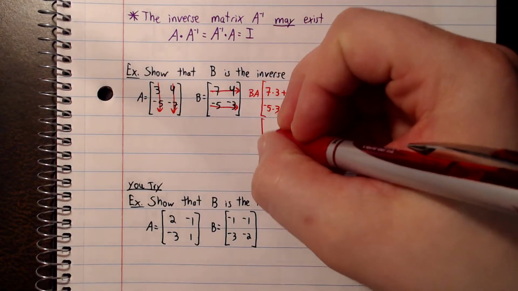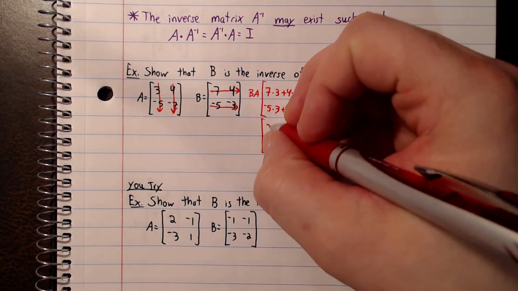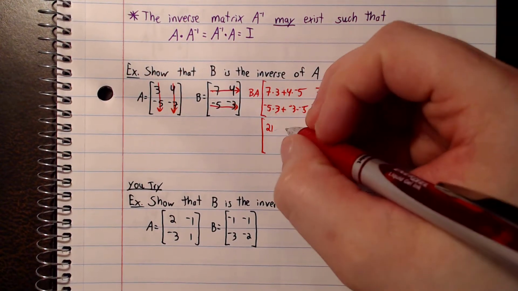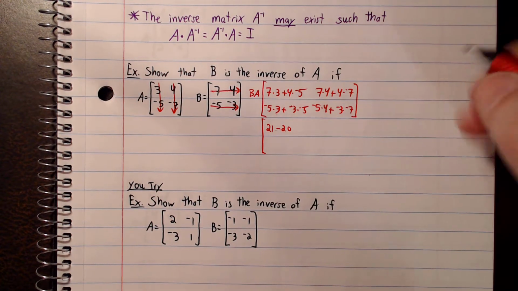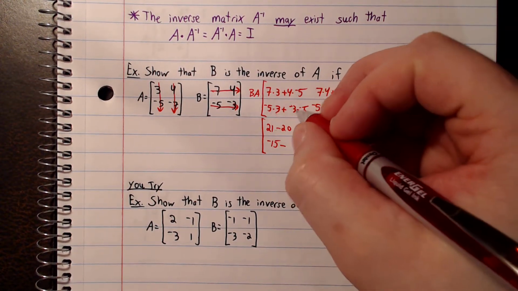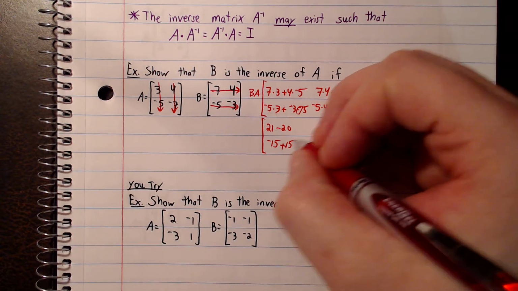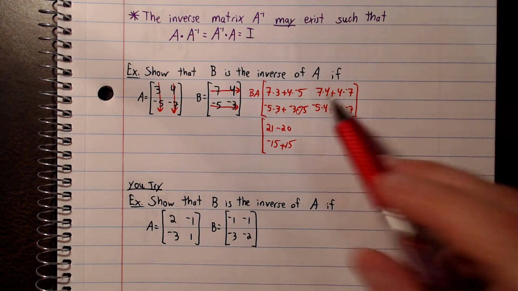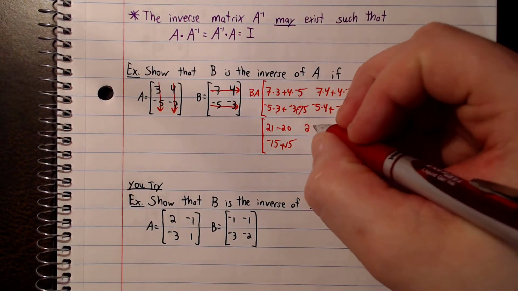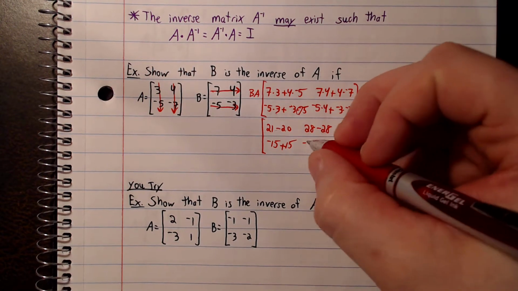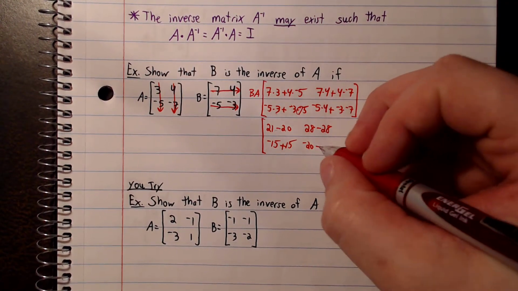So let's simplify first. 7 times 3, that's 21. 4 times 5 is minus 20. That gives us negative 15. This becomes plus 15. Let's see, that becomes 28 minus 28. And this is negative 20 plus 21.